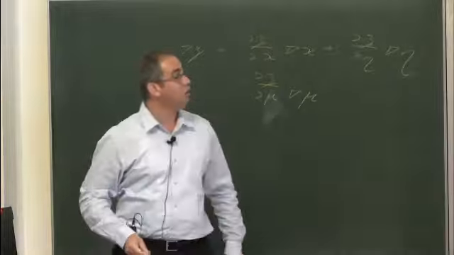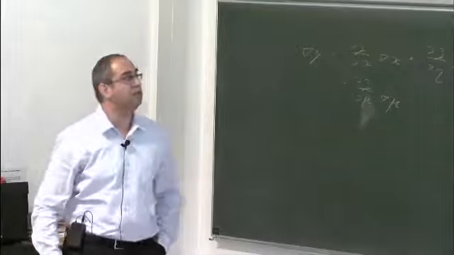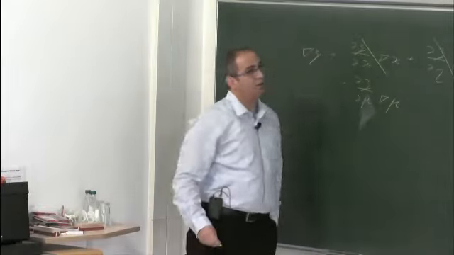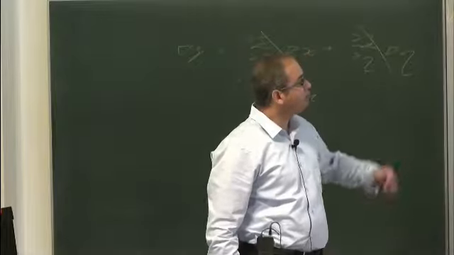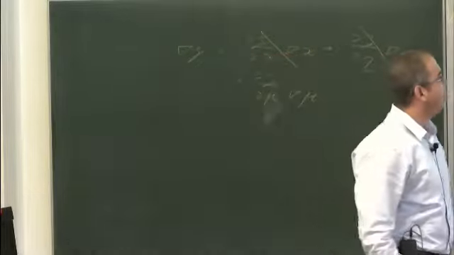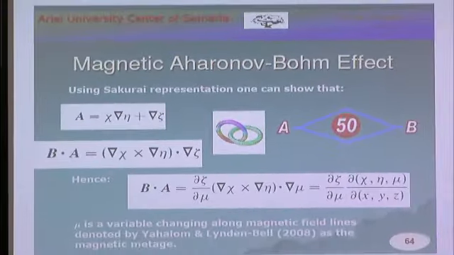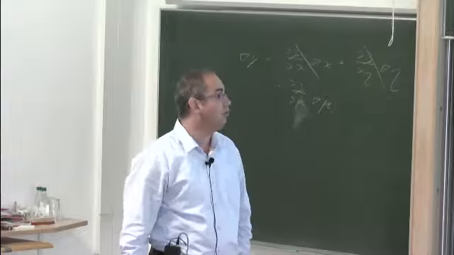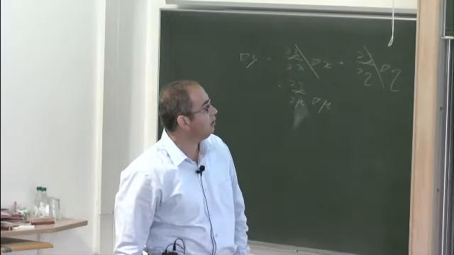Now, when you dot grad chi cross grad eta with grad psi, the first terms cancel out, and what you have is B dot A given in terms of grad zeta with respect to mu times the Jacobian of chi, eta, and mu with respect to x, y, and z.